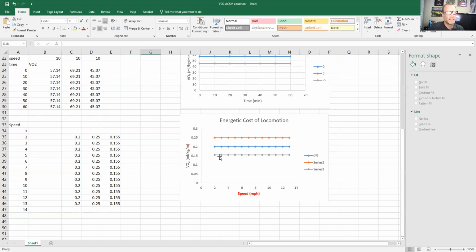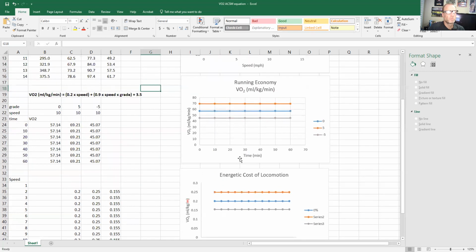All right, so what does that tell us? Well, it tells us that the amount of calories used to cover a particular distance, for example, 1 kilometer, is the same if I run at 3 miles per hour or 9 miles per hour. The amount of calories is the same. The rate of calories used will be quite different for the different speeds.